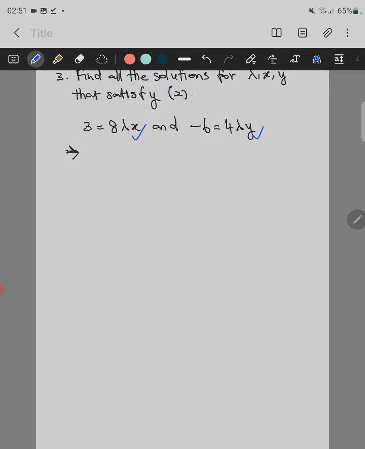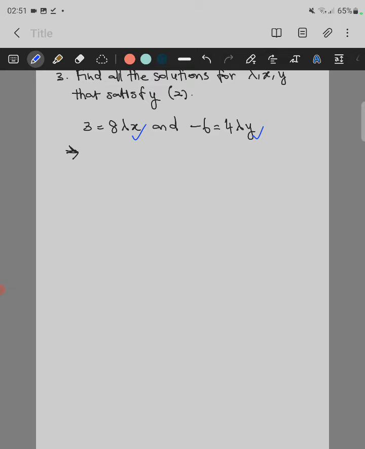So we don't need to solve using simultaneous equations, because each equation only has lambda x and lambda y.